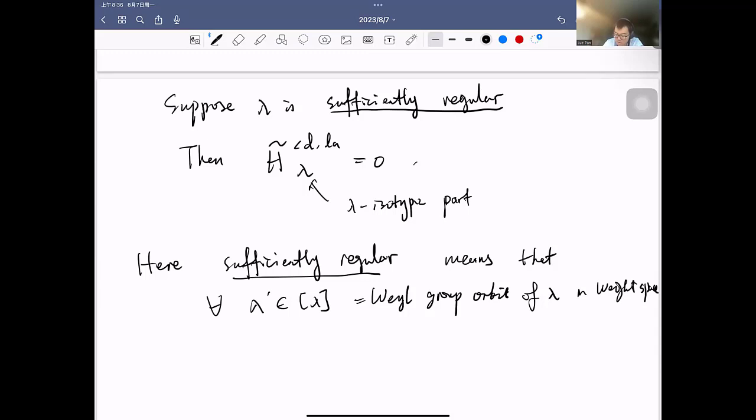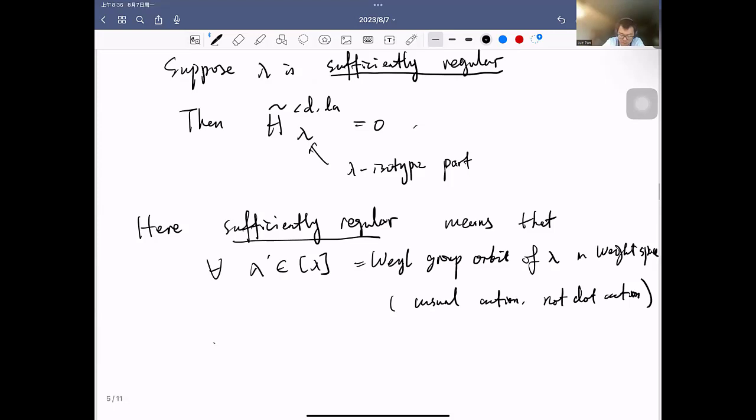Let me say this is the usual action, not the dot action. Which means that for me, all the weights have already been shifted by rho.